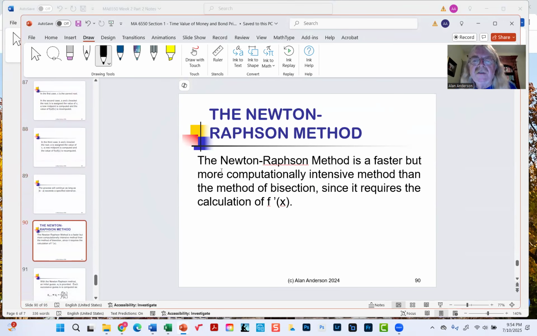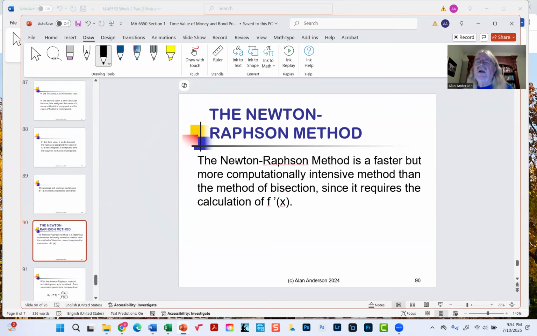Now, Newton-Raphson, by the way, yes, that is Newton, our old friend Newton who invented calculus and half of physics, I guess. Newton-Raphson is very powerful, but it does require us to calculate the first derivative of our function many, many times.